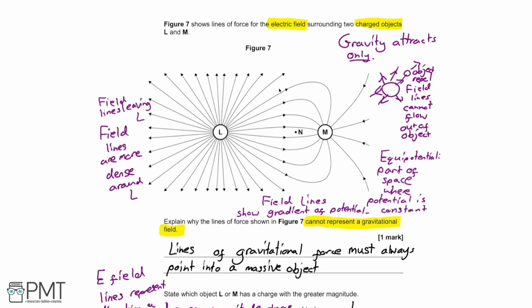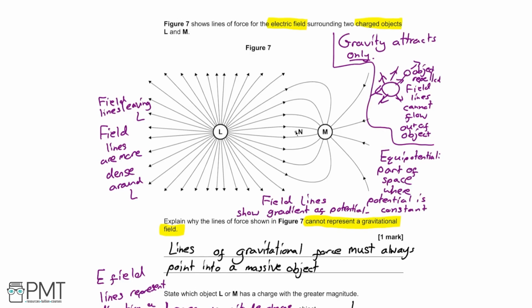Therefore, I'm looking to draw a line from N that is at right angles to all the field lines. I'll start at N and I'll start by going upwards. So I want this line to remain at right angles at all times, whilst taking the shortest path between the different field lines. This is because if we were to take paths that were longer than the shortest path, then over this path the potential would actually change.